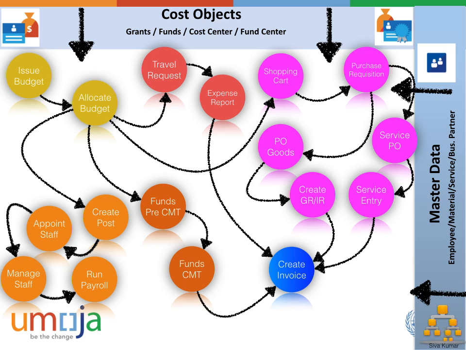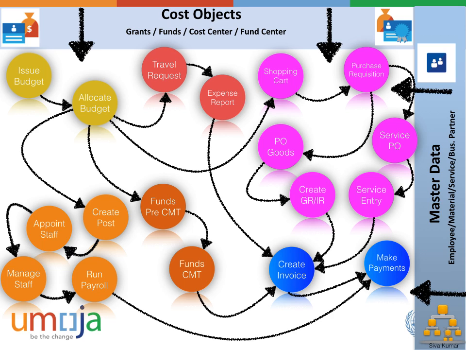So you create the invoice on the other side. On the HR side, you'll be running a payroll. The payroll could be either off-cycle or a regular payroll. Once the payments are consolidated and ready to be disbursed, it gets into the make payments bubble. And this bubble diagram explains the majority of the process which is run in any business entity in the world.